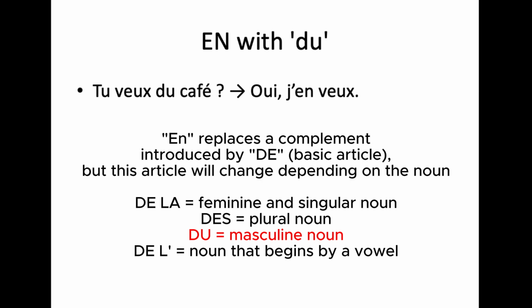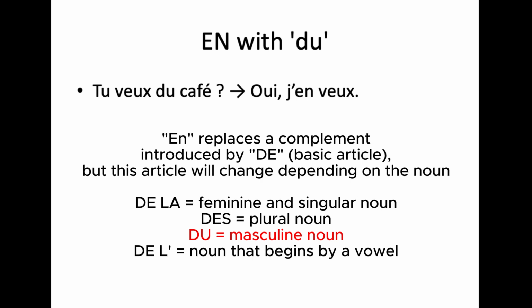And the person was responding, oui, je veux du café, it would make the sentence very heavy because we already know what we're talking about. So in this case, we can use en to replace the complement du café because the person that asked the question knows that the person who will respond is talking about coffee, because he's asking a question about coffee. So it's just as simple as that.